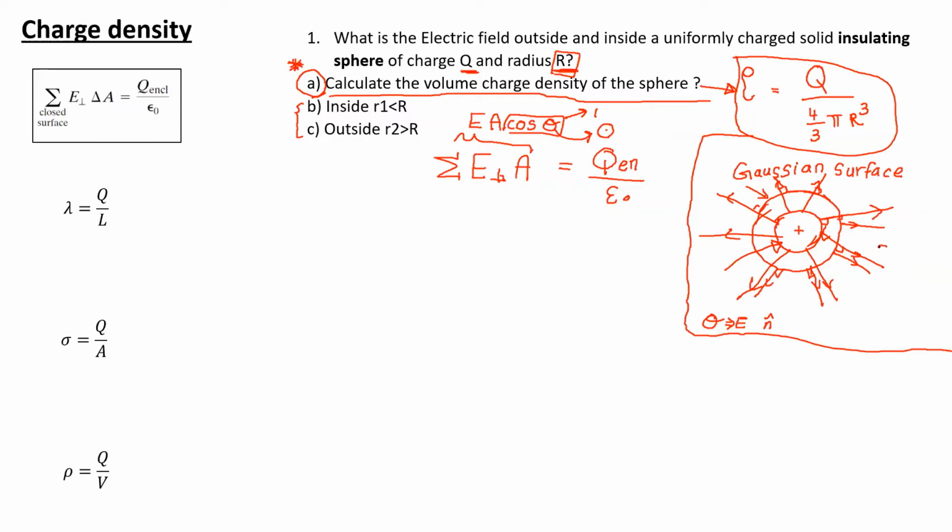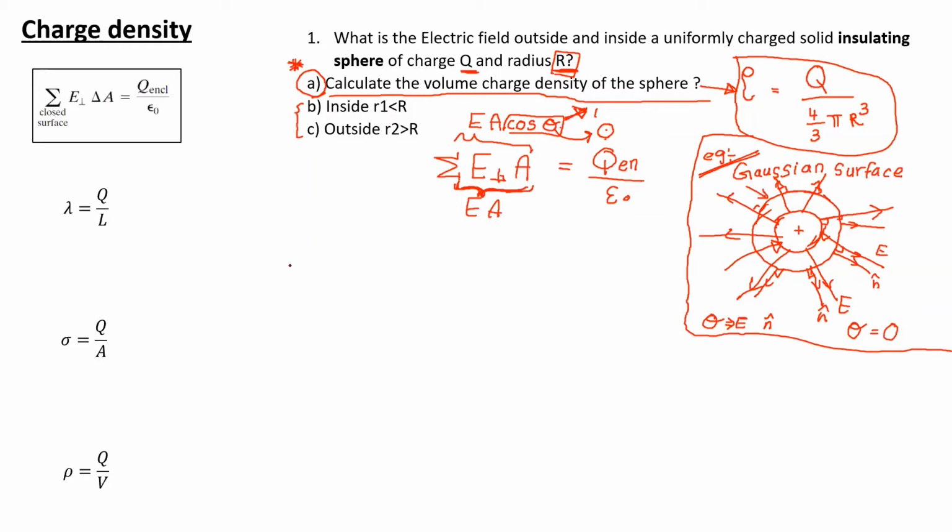So what can you tell about E and n hat? They are along the same direction. That means theta is 0. The angle between n hat and E is 0. That is why theta is 0 and it makes the value of cosine theta go to 1.